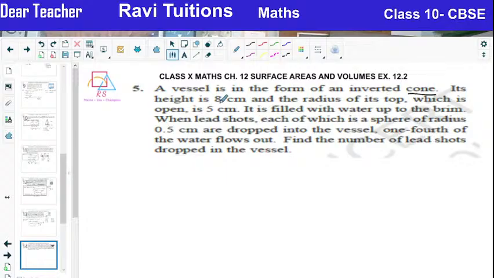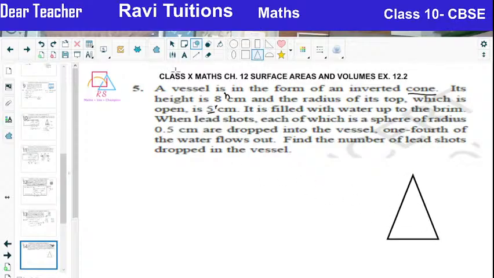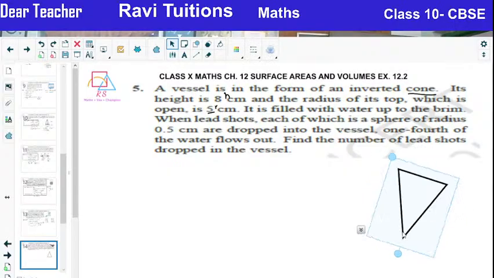Its height is 8 centimeters, and the radius of its top, which is open, is 5 centimeters, and it is filled with water to the brim. Let me draw the conical vessel.